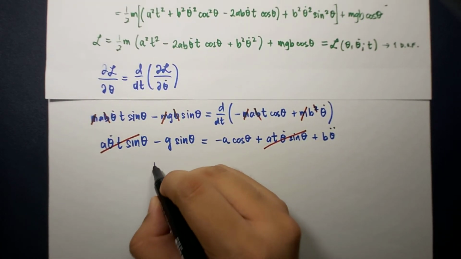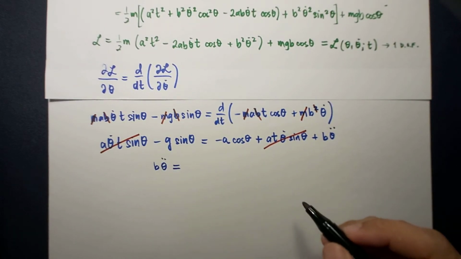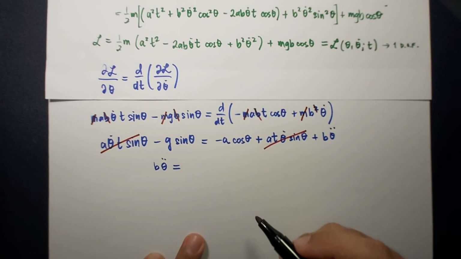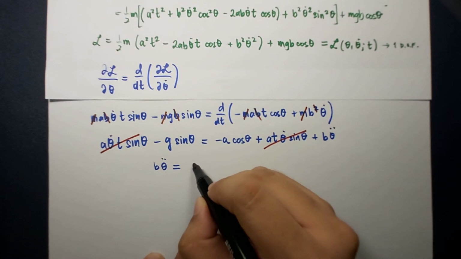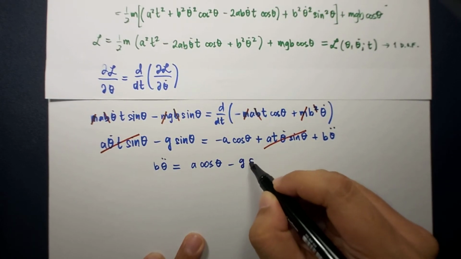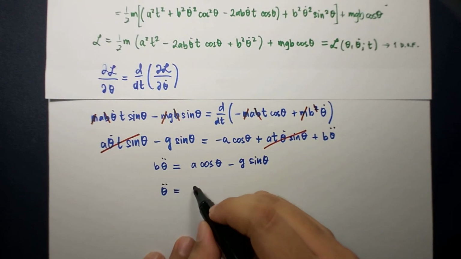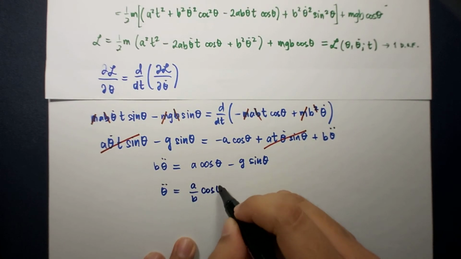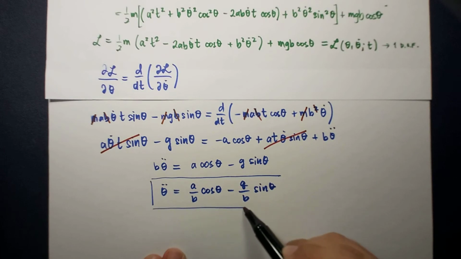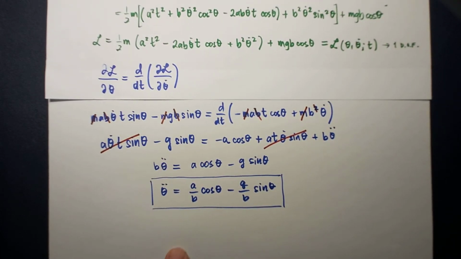We can simplify this by writing b theta double dot equals, sorry, that should be a cosine theta minus g sine theta, or theta double dot equals a over b cosine theta minus g over b sine theta. So this is now your equation of motion.